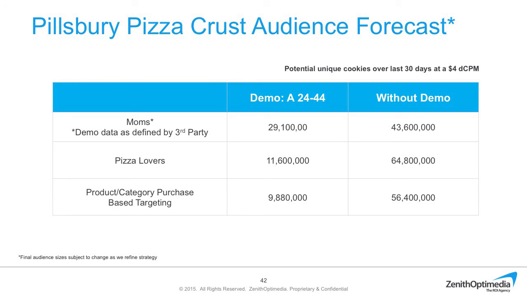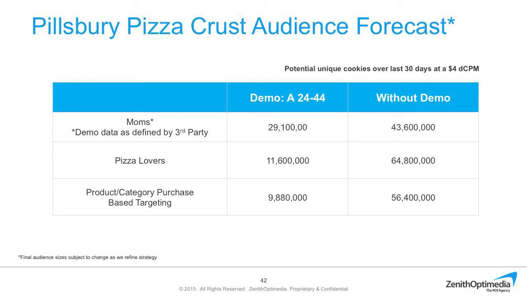So there's only about half of the internet universe segmented into age and only about half, or 50%, into gender. So if you're going to layer on age plus gender, you're taking away almost three quarters of the online universe. So it really has to be very important for the client to add those qualifiers in.